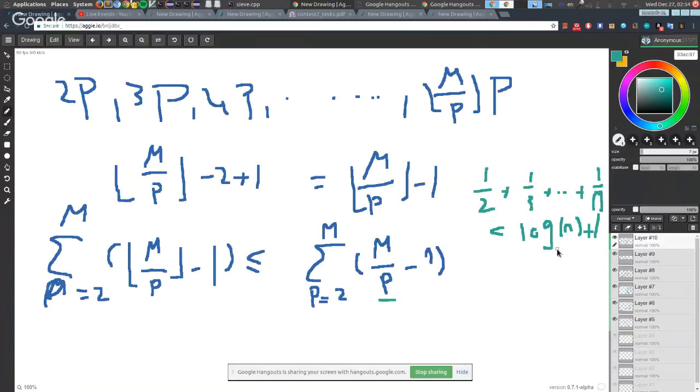So here the log is the natural logarithm. Here it is the limit. So this expression goes to the limit. And so this was a constant factor outside, so now it's here.